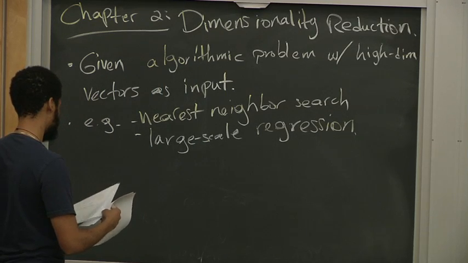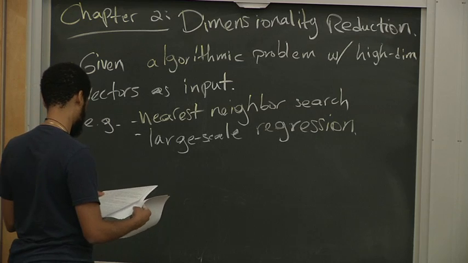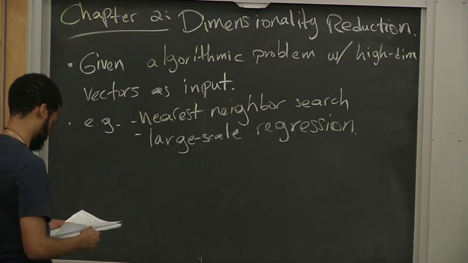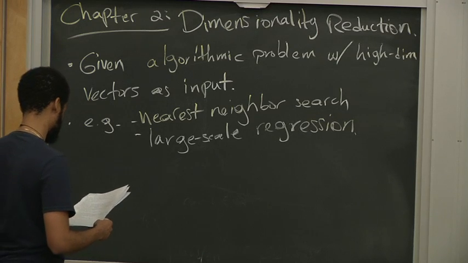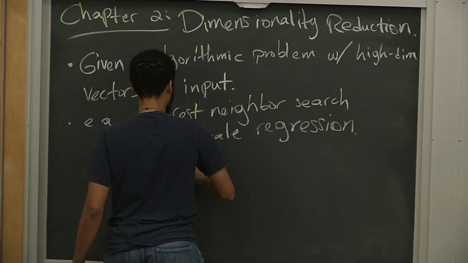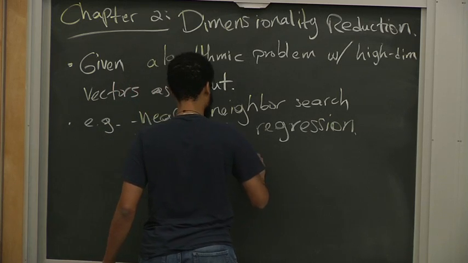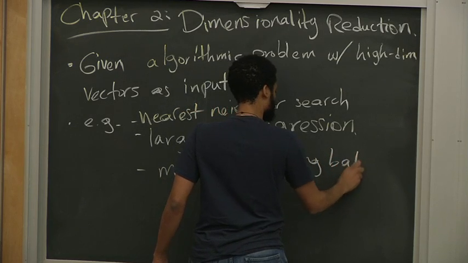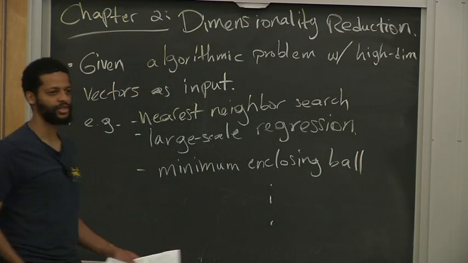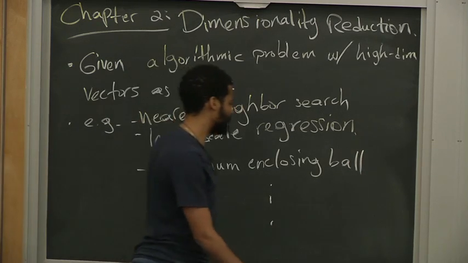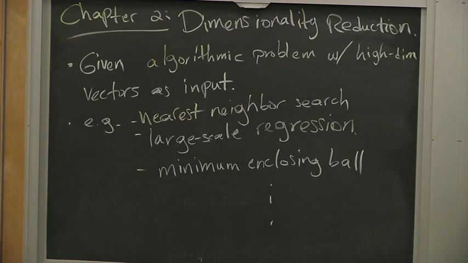Or some other. There are lots of these, I could keep going, minimum enclosing ball, etc. So think computational geometry, but high dimensional. So for example, nearest neighbor search, people do this kind of thing.